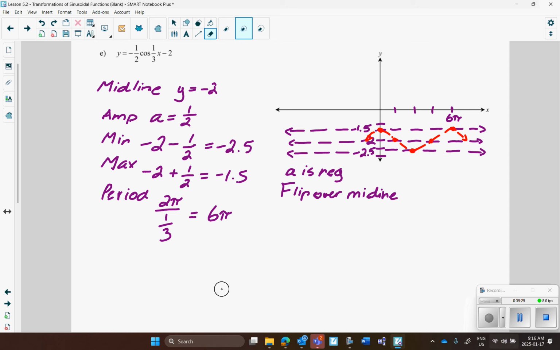If it's on the mid, it stays. So this goes down here, this stays, this goes up here, this stays, this goes down here. Again, if you can do that all in one shot, okay, but just be careful. And it's going to look like that.